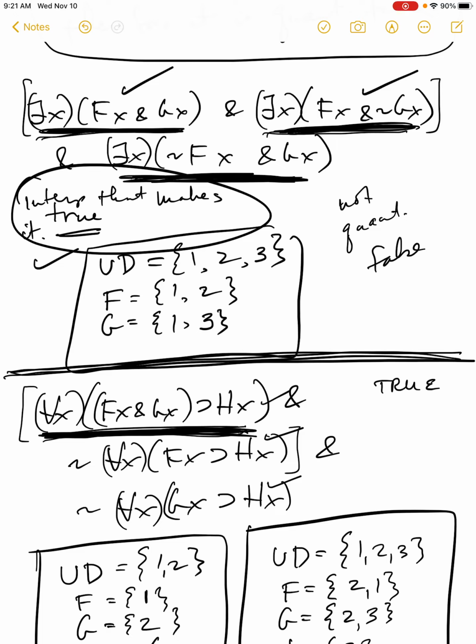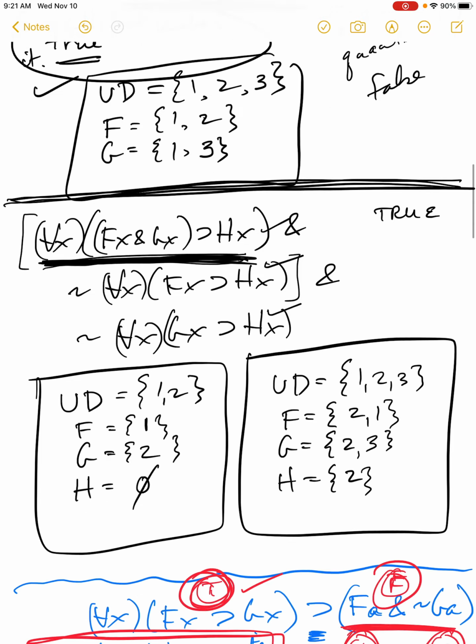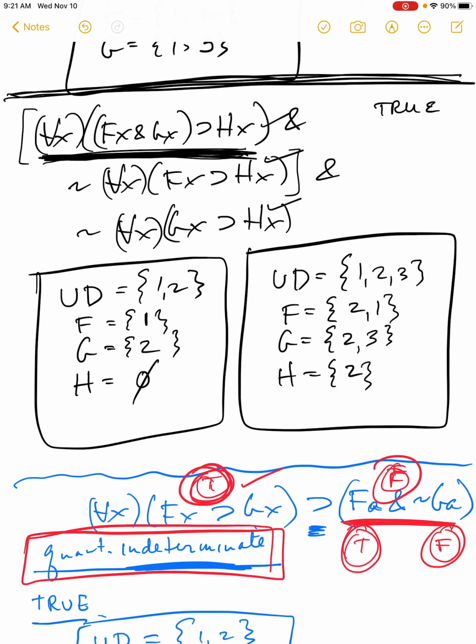If you want to show that an argument is not quantificationally valid, you must give an interpretation that makes the premises true and the conclusion false. If you want to show that a set is quantificationally consistent, we haven't done an example of this, but you just give one interpretation that makes each member of the set true. So have a good grip on what you need to do in order to establish whatever it is that you're being asked to establish.